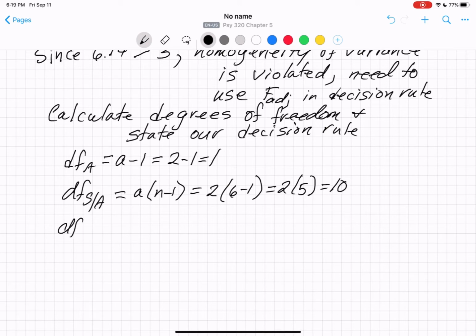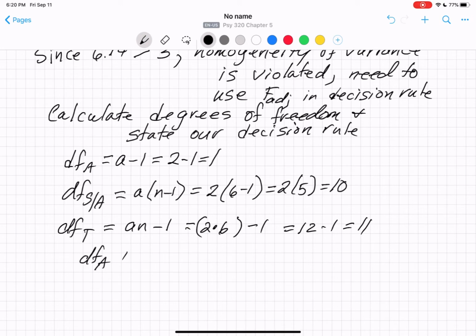And then to check our work, degrees of freedom total equals A times n minus 1, but no parentheses. So that's 2 times 6 minus 1, so 12 minus 1 equals 11. And you want to check that your degrees of freedom for A plus your degrees of freedom for S over A equals degrees of freedom total. Sure enough, 1 plus 10 equals 11.